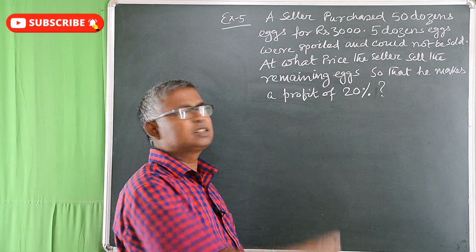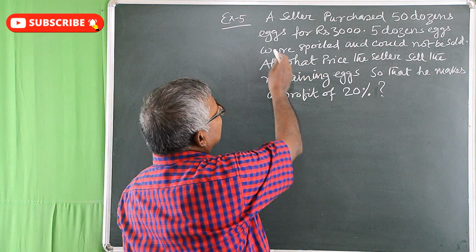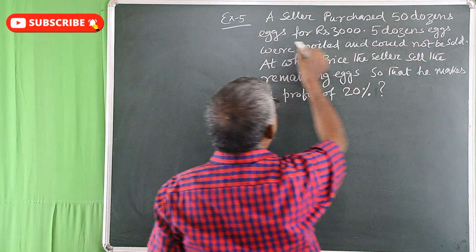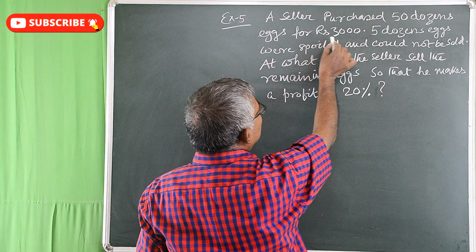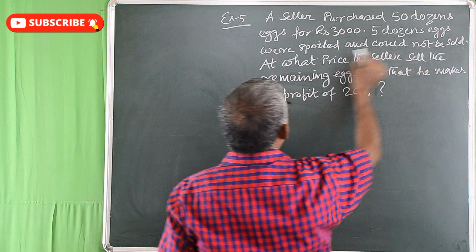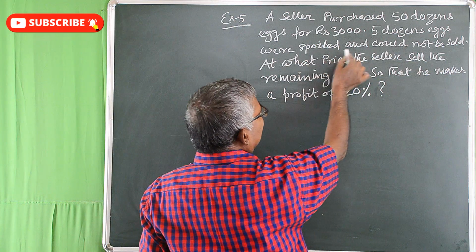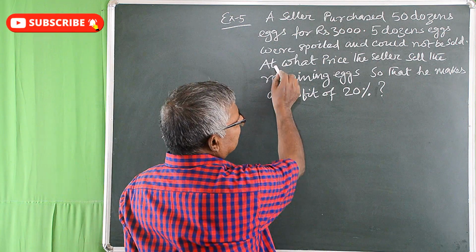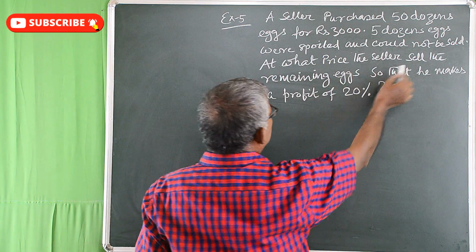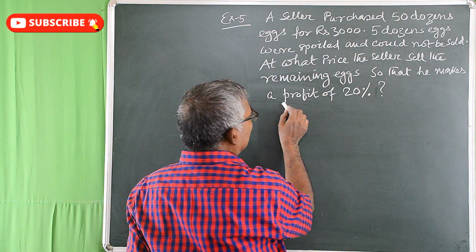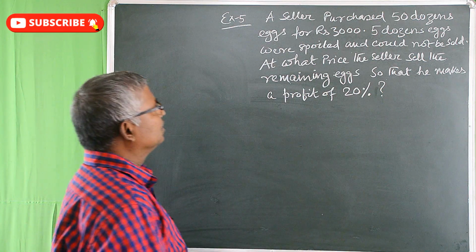Students, let us consider the fifth problem. A seller purchased 50 dozens of eggs for rupees 3000. 5 dozens eggs were spoiled and could not be sold. At what price should the seller sell the remaining eggs so that he makes a profit of 20%?